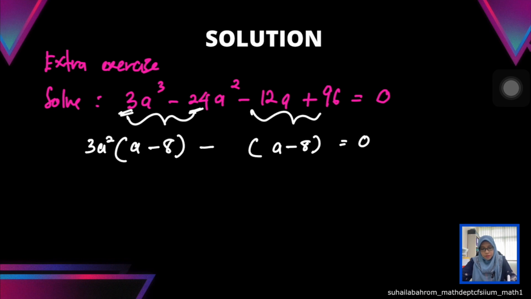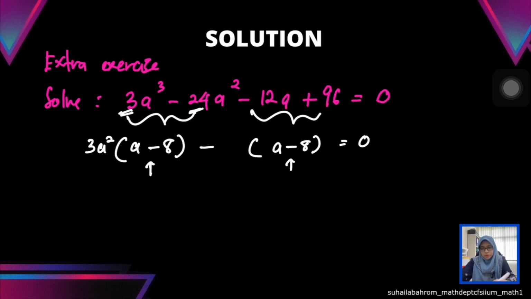For factoring by group, as I mentioned earlier, you must make sure you have the same term in the first two terms and the last two terms. So a minus 8. The term in the middle is what makes the factor become negative 12a plus 96.